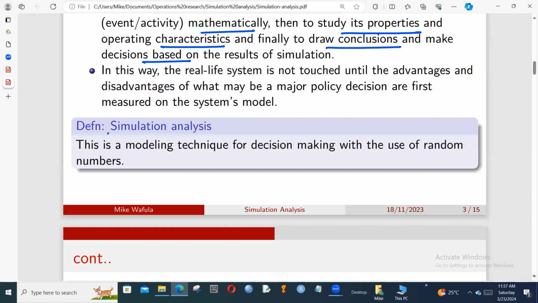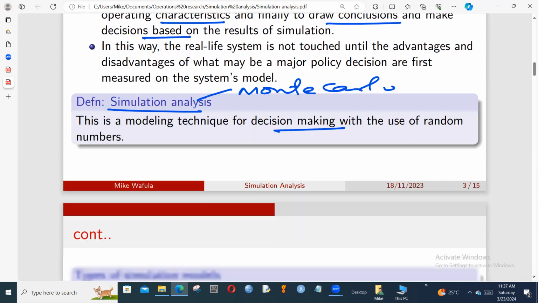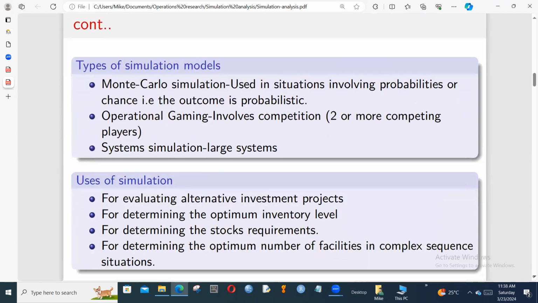So I've defined simulation modeling here, but here I'm defining simulation modeling in the context of this type of Monte Carlo simulation analysis. This is one that involves making decisions by use of random numbers. We are going to see how to create those random numbers.